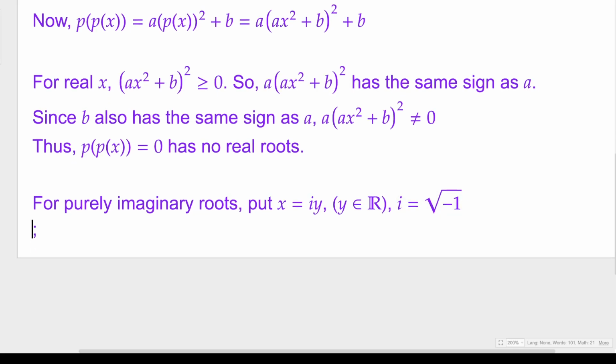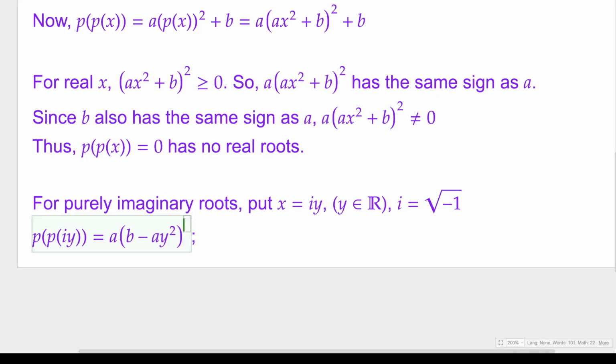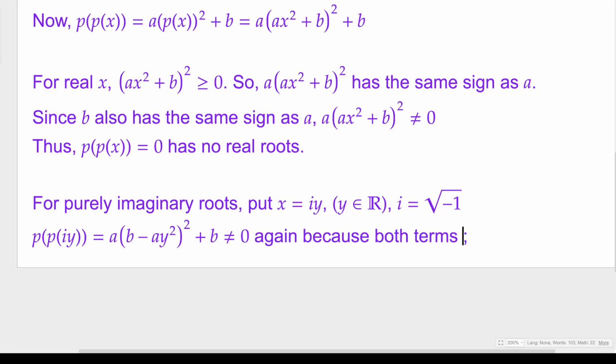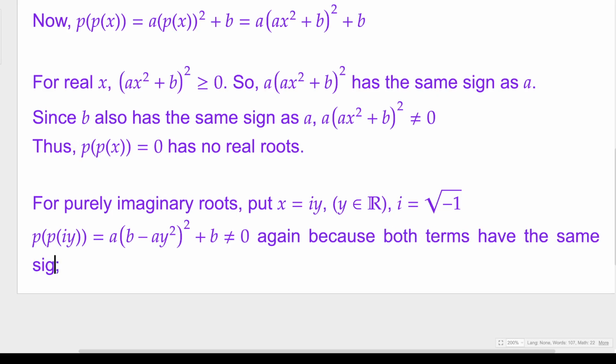Now if I solve for p of iota times y, this can be written as a times b minus ay square, whole squared, and then plus b. This will not be equal to 0 again, because here both terms have the same sign, correct?